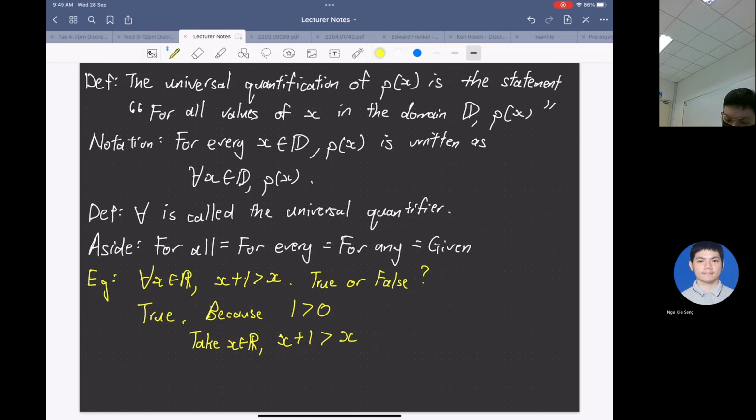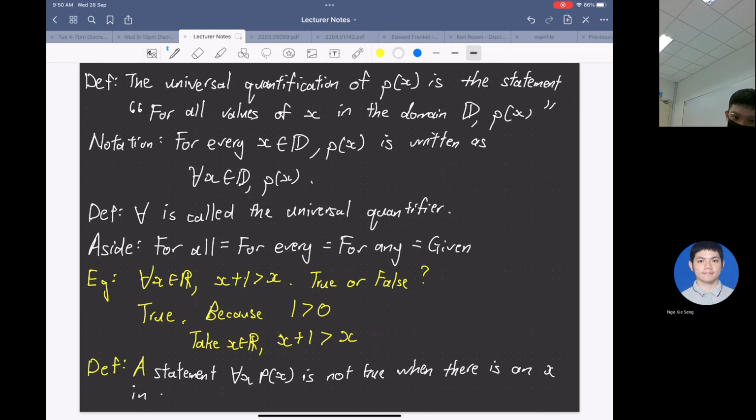Okay, so next we make another definition. If we want to say that for every x, P(x) is true, is not the case, we just need to find one x such that P(x) is false.